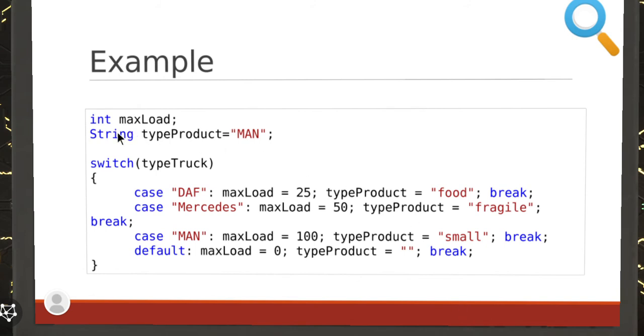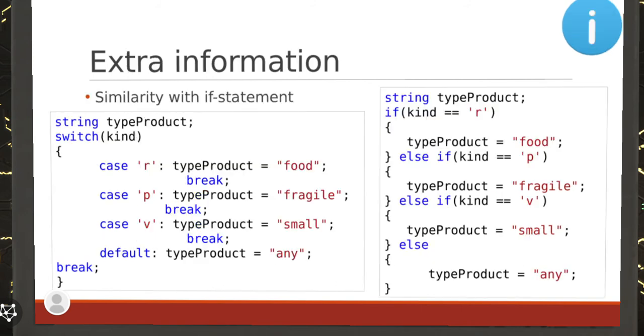Because now it's not dof, it will go check if it's Mercedes. It is not Mercedes, so it will go to check the third case, which is man. It is exactly true, so it will do those and break, going outside to here. The default is not checked. If all of those fail, then those things will be executed, and then it will break.